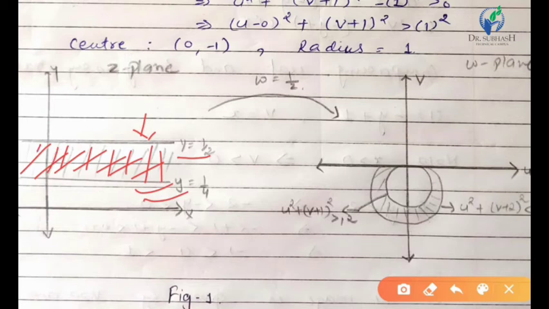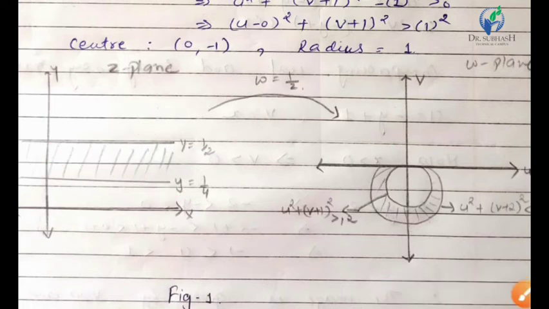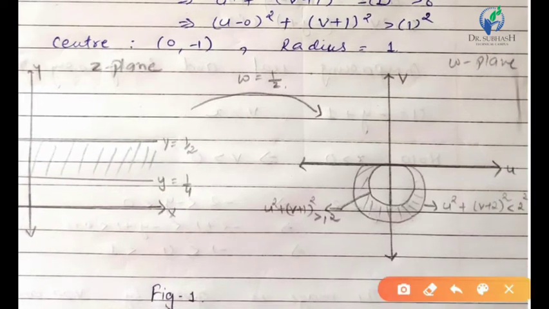Now we have to transform it into the w plane. Our first circle was this one, u square plus v plus 2 whole square less than 2 square. We will take here center as 0 and minus 2, and with radius 2 we have drawn this circle. And here we just obtained another circle with center 0 minus 1 and radius 1. We have drawn this other circle, the inner circle.